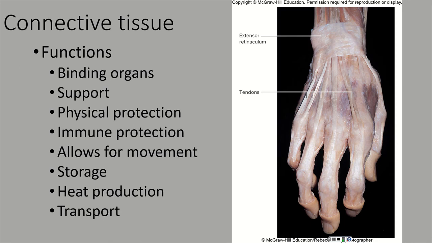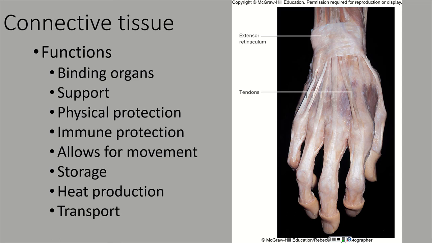Things like our bones, our rib cage protects things like our lungs and our heart. Immune protection. In our blood, we have special structures called white blood cells or leukocytes. And blood is a connective tissue. And these leukocytes, these white blood cells, are our immune system.